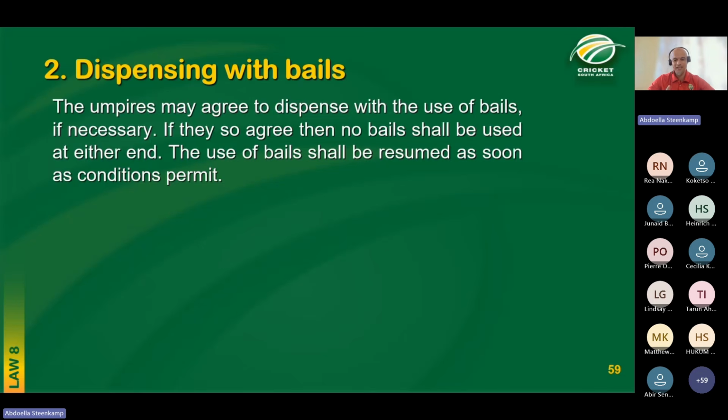But you'll be amazed how often, yes, the wind will be gusting across the field, but funny enough, only one side would continuously fall off. The other side would still be intact. I find that amazing, but it happens so often. You hardly find that bails will blow off both sides continuously. 99% of the time, it would only fall off from the one side.